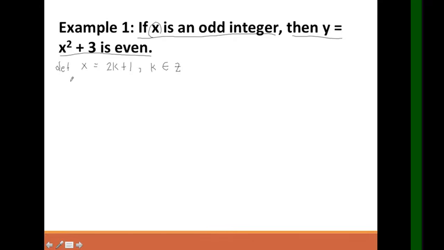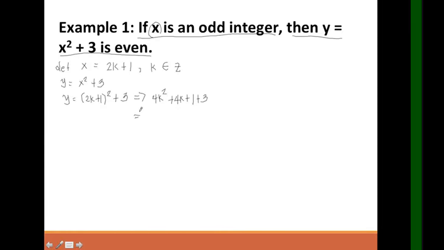So we have y equals x squared plus 3. Now y equals x squared, where x is 2k plus 1, so that is (2k plus 1) squared plus 3, which is equivalent to 4k squared, am I right? 4k squared, yeah, plus 4k plus 1 plus 3.